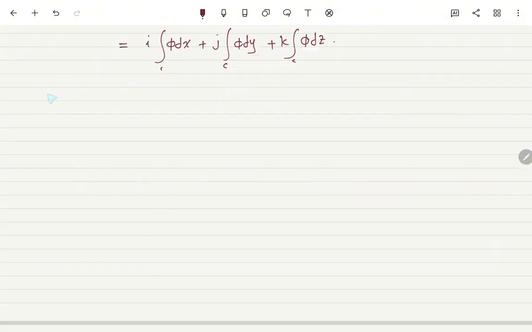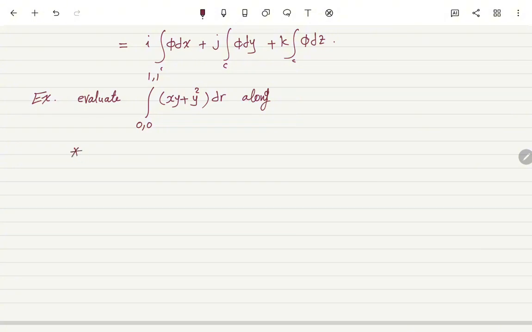Let's have an example. Evaluate the integral from 0 to 1 of xy plus y square dr along the paths.